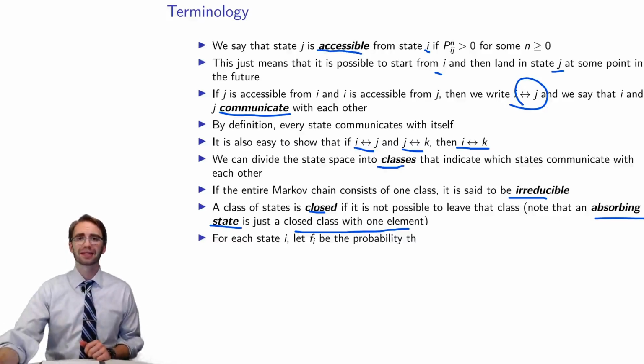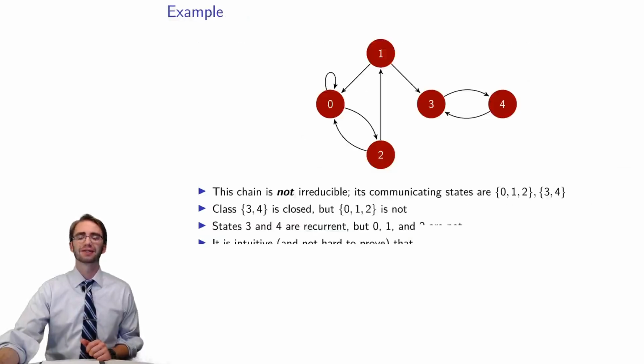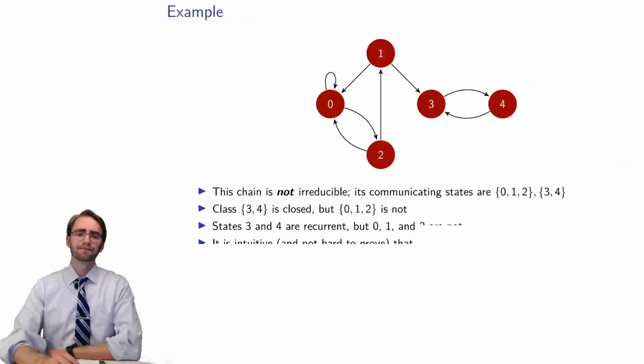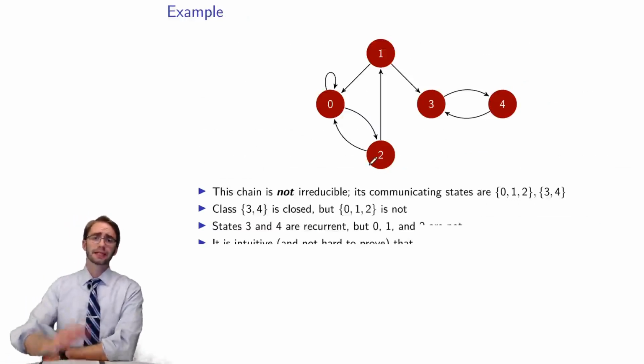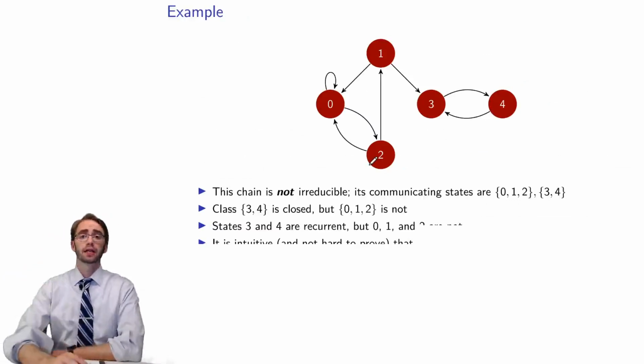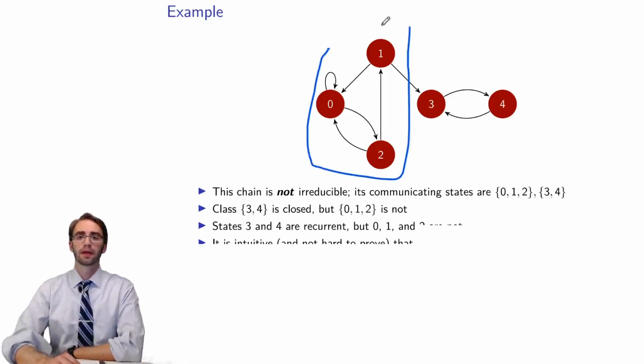Again, these all make sense much better with pictures versus with prose, and so let me show an example of this. This would be an example of a chain that is not irreducible. Its communicating states are 0, 1, and 2, and then 3 and 4. So 3 can get to 4, and 4 can get to 3.